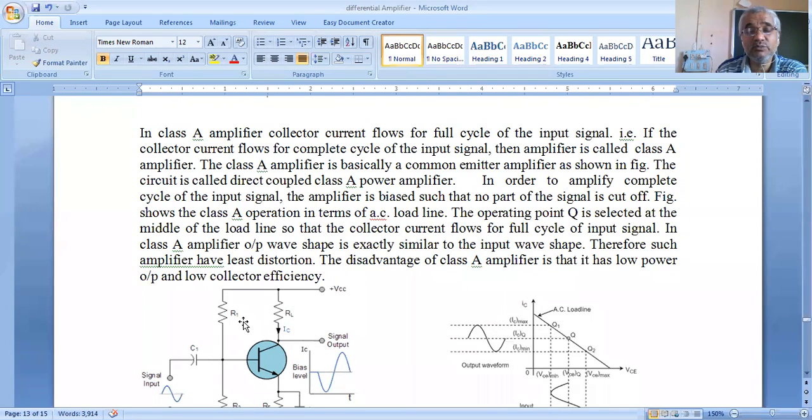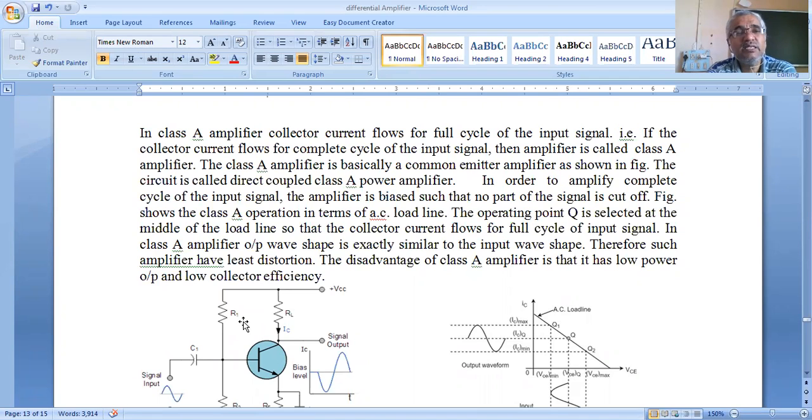Remember, this is the most important thing. So this class A amplifier is basically a common emitter amplifier that we have shown in the figure.